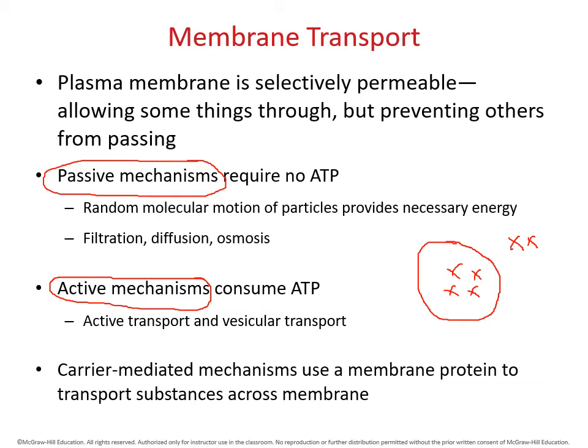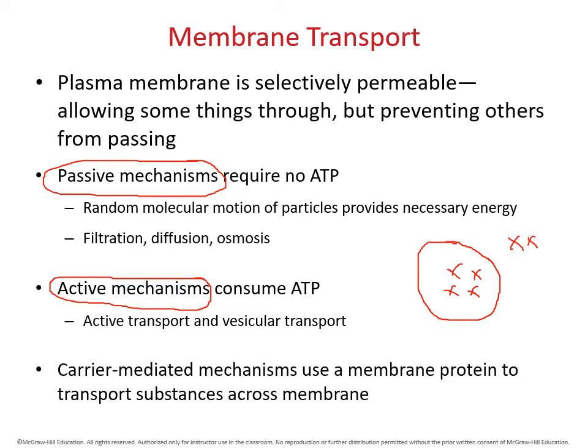Now, because you have the plasma membrane that separates these two environments, what we see happening over here is that we're going to be able to create what we call a concentration gradient. So we have two separate environments, inside and outside, and the concentration of our solute, our little particle, is going to vary. So we have a concentration gradient.